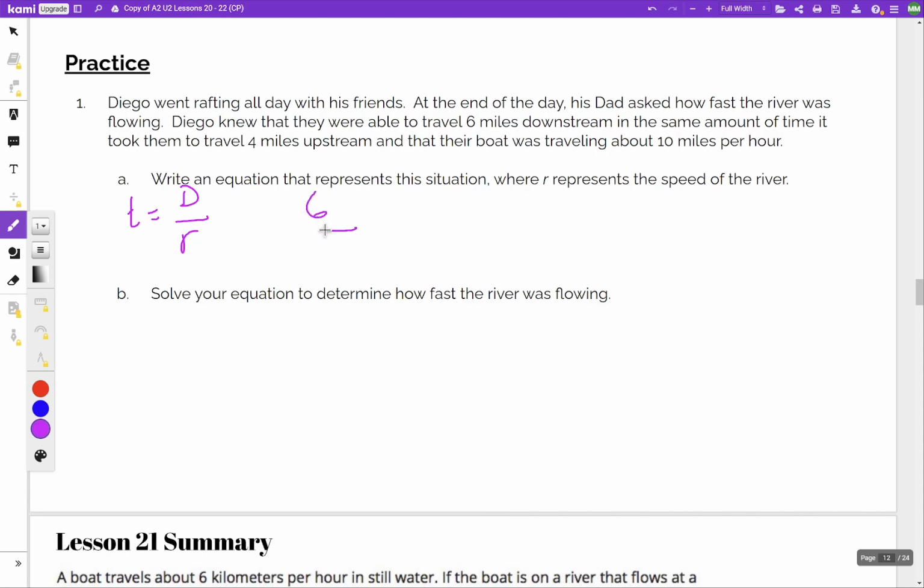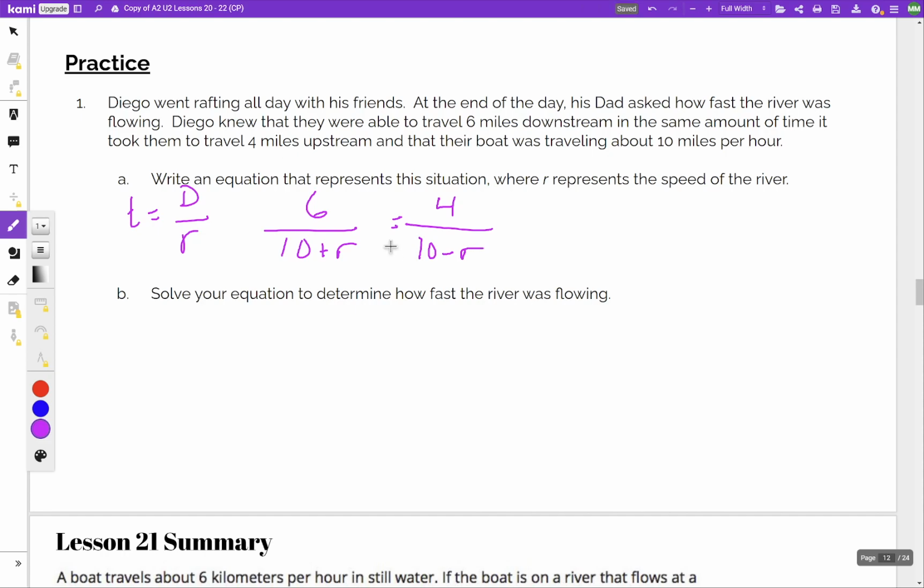So 6 over, now the boat's traveling 10 miles per hour, so my rate is 10, but we're traveling downstream. So what happens? We go faster. And when we go upstream, we're traveling 4 miles, and we're going slower, so we subtract that rate.